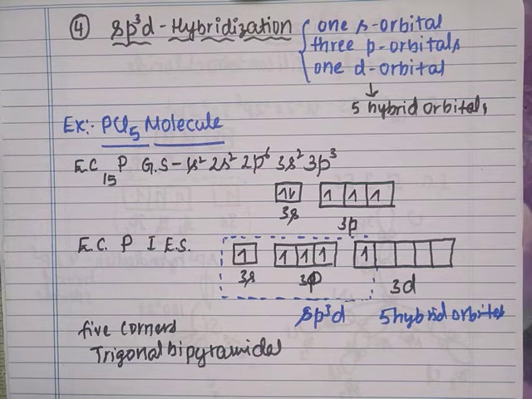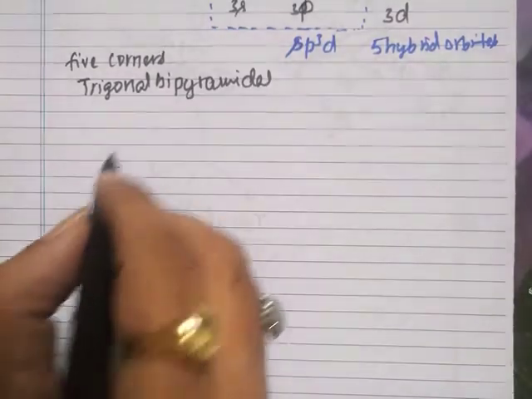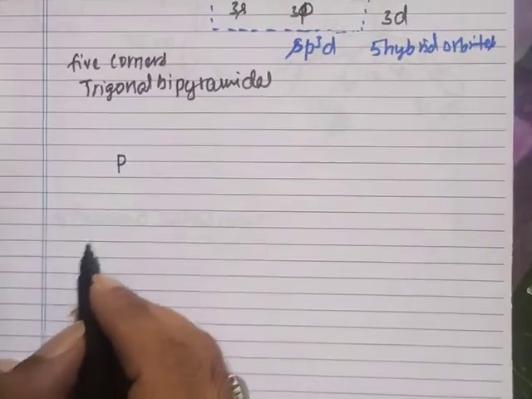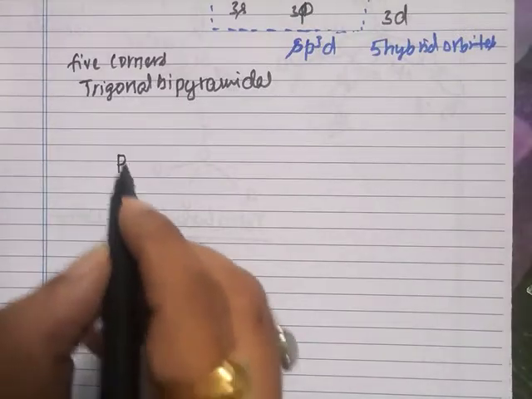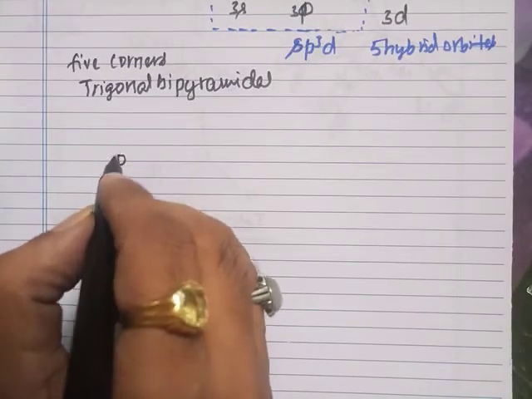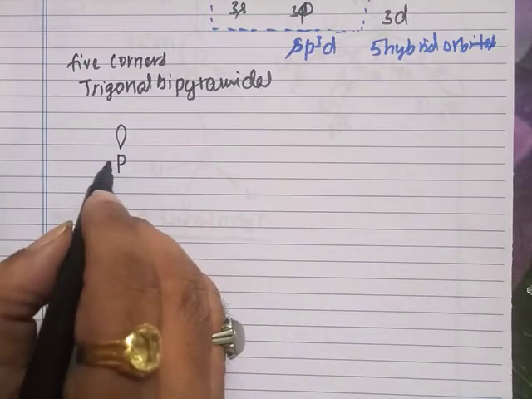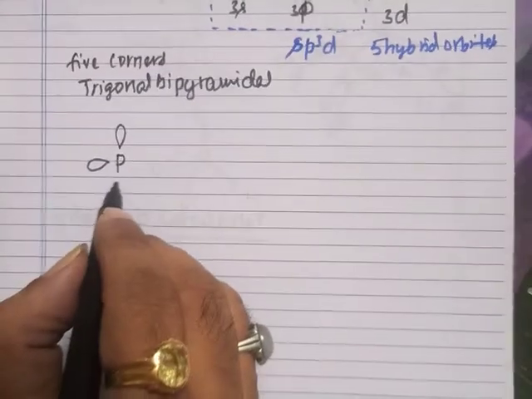Now let us write the structure of the PCl5 molecule. The phosphorus atom undergoes sp3d hybridization to form 5 hybrid orbitals. The 5 hybrid orbitals will be directed towards the 5 corners of a trigonal bipyramidal.